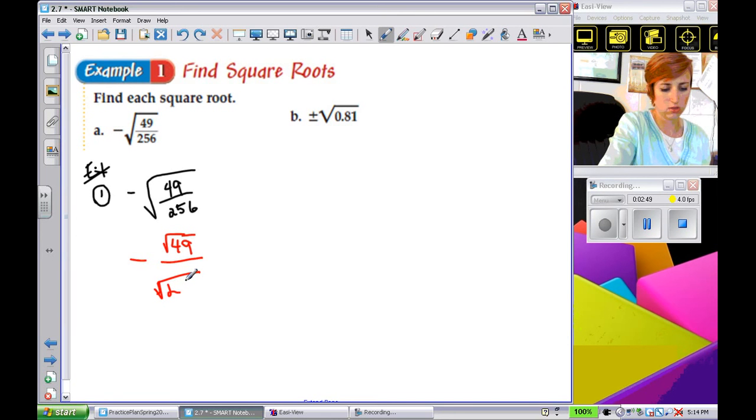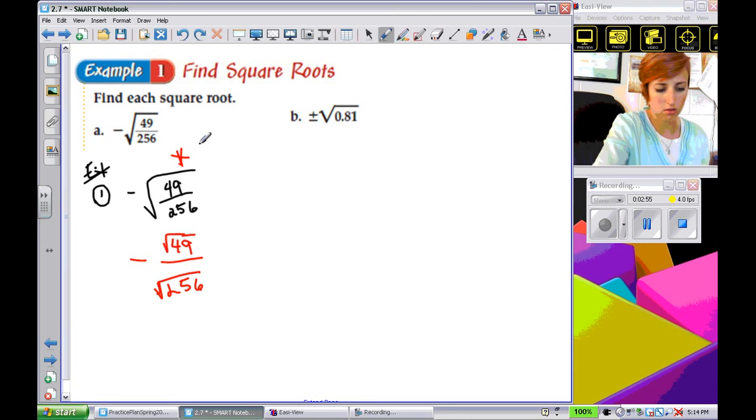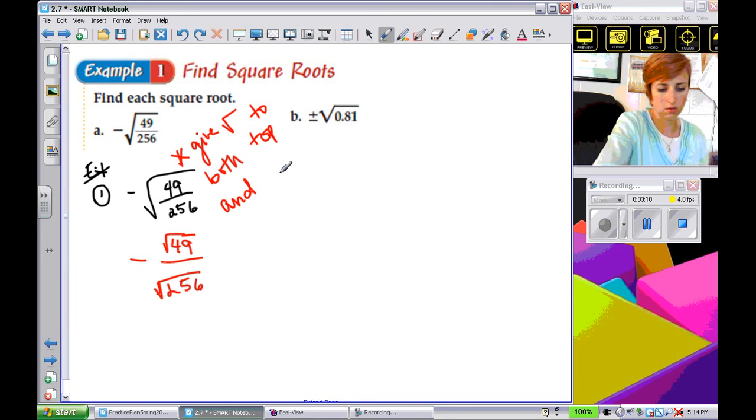256. We're just going to take the square root of each number.